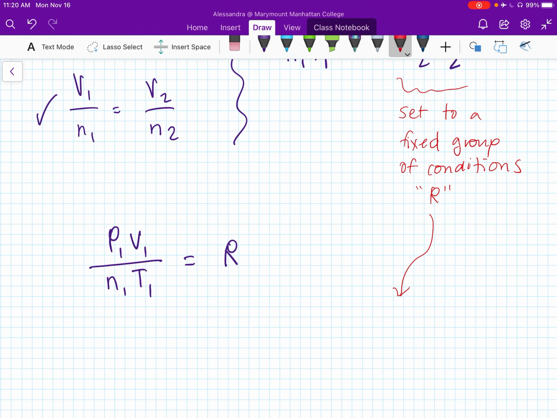So R refers to conditions at STP, standard temperature and pressure. So we need to define what those are.